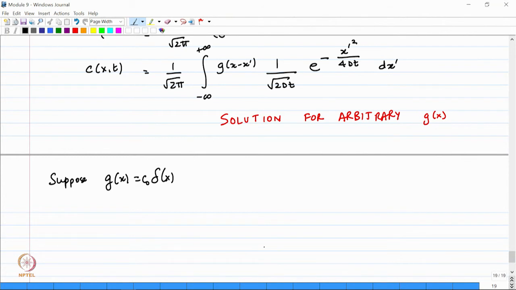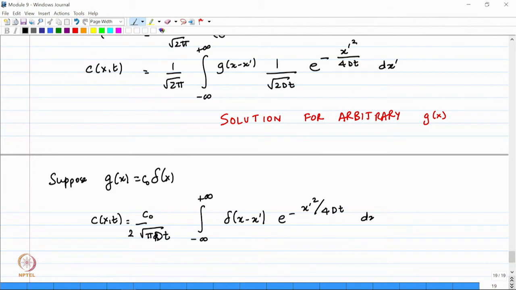Then you can see that c of x t is equal to, so let me take the 1 over 2 square root of pi dt, and I will take the C0 outside, the integral from minus infinity to plus infinity. Now, what I have is delta of x minus x prime, e to the minus x prime square by 4 dt, dx prime.